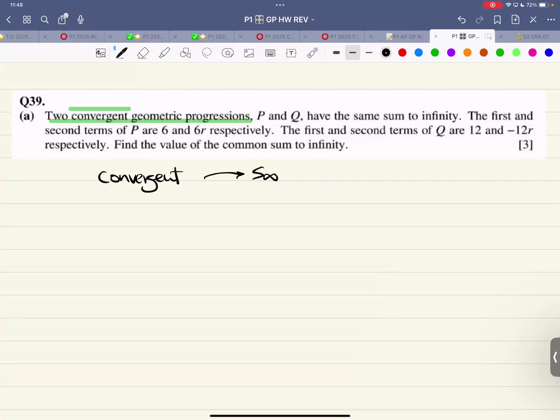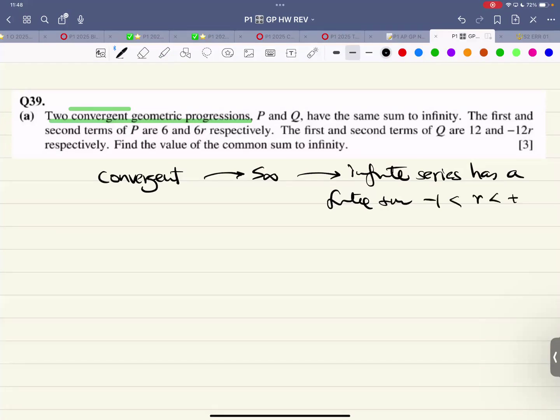That means even though the series is infinite, it has a finite sum, provided the common ratio lies between -1 and +1. That is the meaning of the word convergent. Also remember, there are some questions of geometric progression and arithmetic progression that are linked with trigonometry. That would be coming up later.